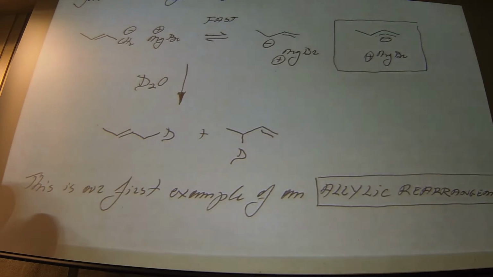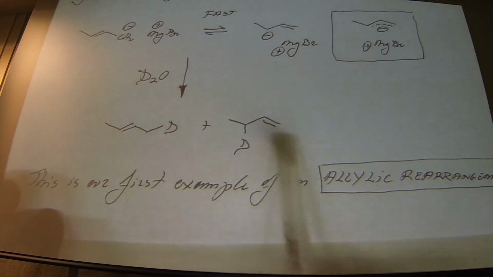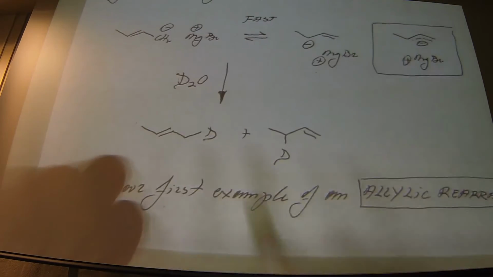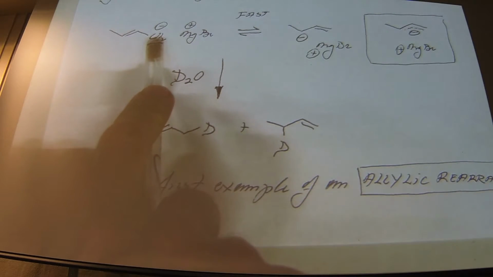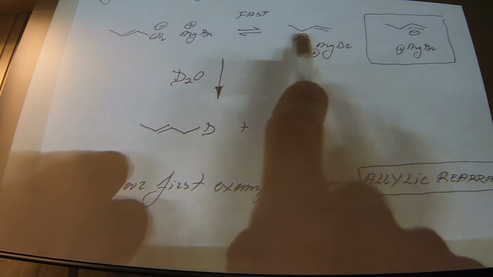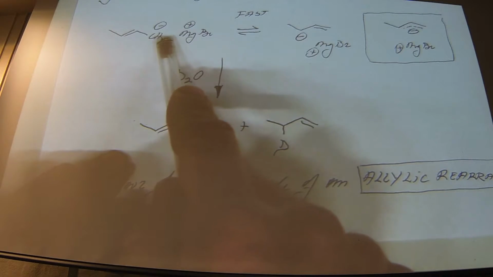And then when I allow that allylic Grignard reagent to react, it reacts at both sides. So I get a rearrangement. And so it doesn't matter that I start out with a single bromide. And by the way, the situation would be exactly the same if I start out with a secondary bromide, because once I form this Grignard reagent, it also will be in equilibrium with the primary. So that is our example of an allylic rearrangement, something we'll see again.